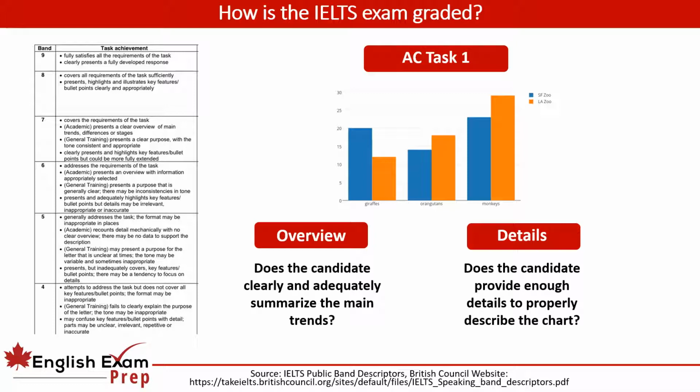For example, here we have giraffes, orangutans, and monkeys at two different zoos. Maybe the exam taker is a zoologist who actually works at the LA Zoo, which would be really cool, an amazing job. But does that help with the response here?